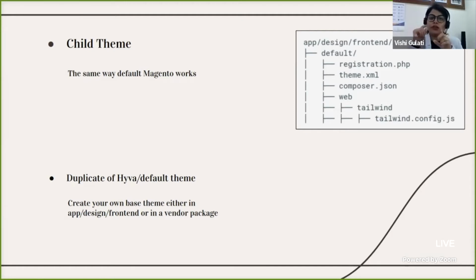And one more thing you need to do is that there is a file, web tailwind.config.js. This is actually a Tailwind configuration file. So you need to point out your parent theme in this configuration file. Why we need to do that, we'll describe later. But for now, just know that we need to point out the parent theme in this Tailwind configuration file.